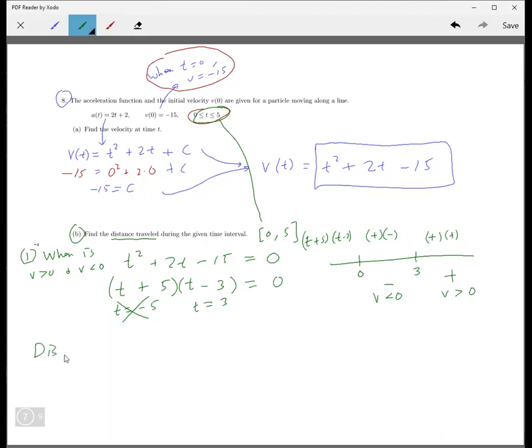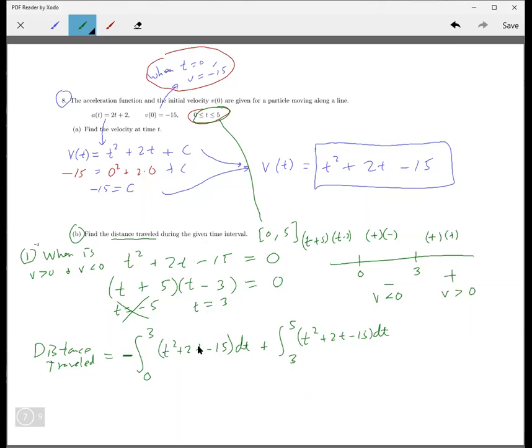So that means that the distance traveled will be the integral from 0 to 3, the negative of that integral, because the velocity is negative there, of this, plus the integral from 3 to 5 of the positive part of that, t squared plus 2t minus 15, of the same thing.